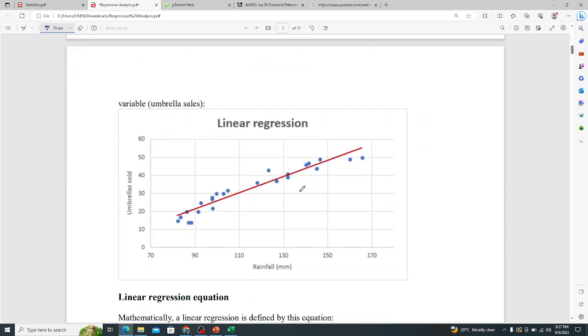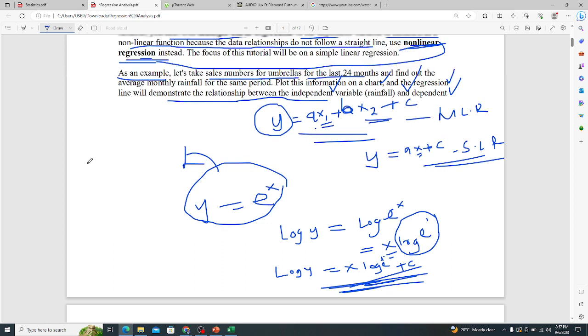In this case we have three major methods to perform linear regression in Excel.